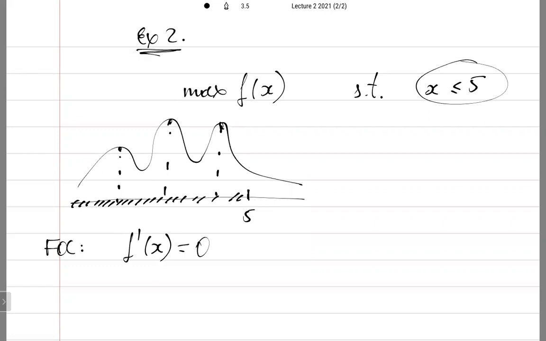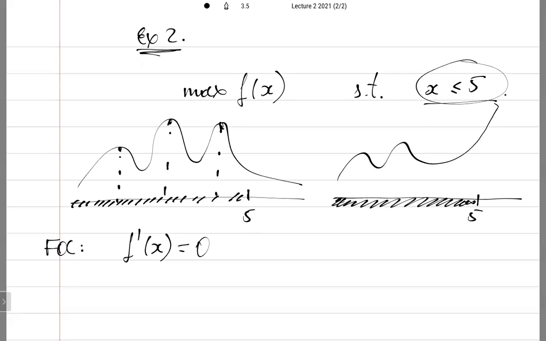But there is one interesting case. There may be something like that. This is my possible values for x. I have a constraint. So it may happen that the function is growing. And in that case, local extrema are at point A, at point B, and at point C equal to 5.